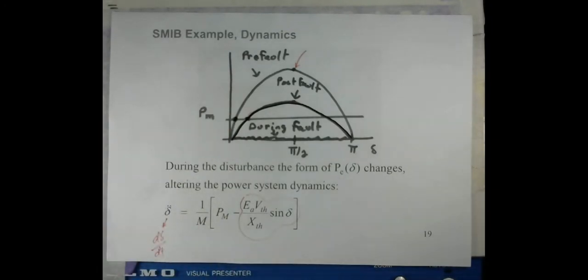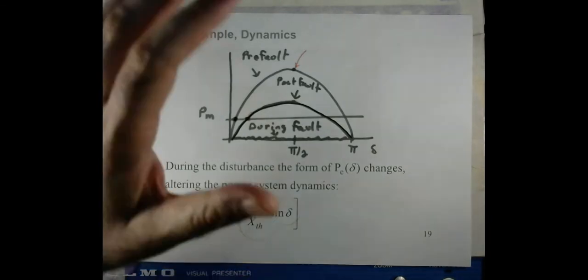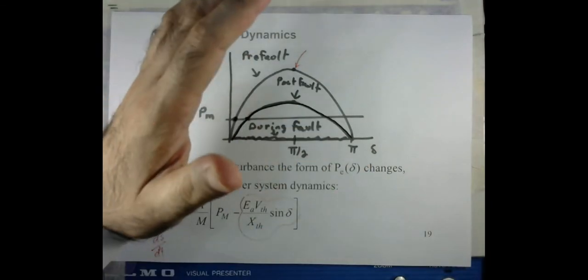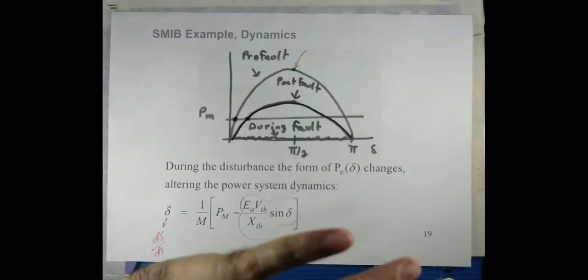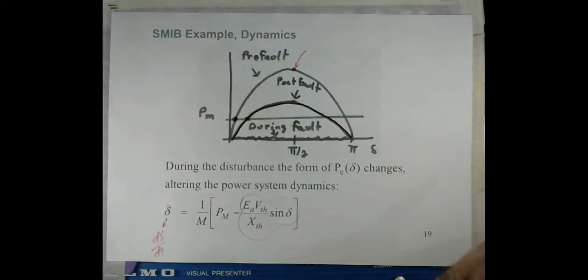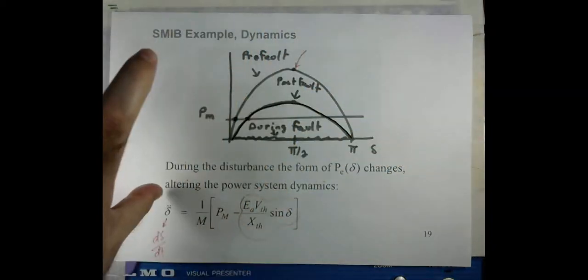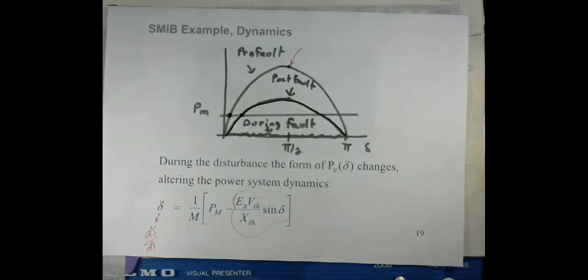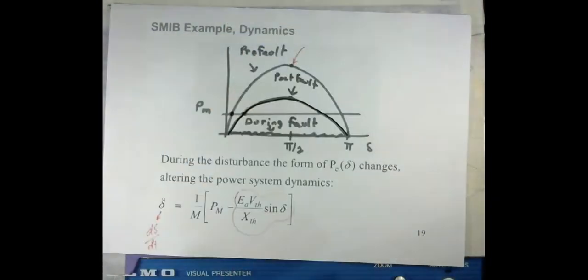So in the last lecture, I talked about stability in general, and then we discussed the two models of the synchronous generator, because stability is mostly related to the generators. We need to analyze whether after the application of a disturbance, the generator will lose synchronism or remain in synchronism with the rest of the system.